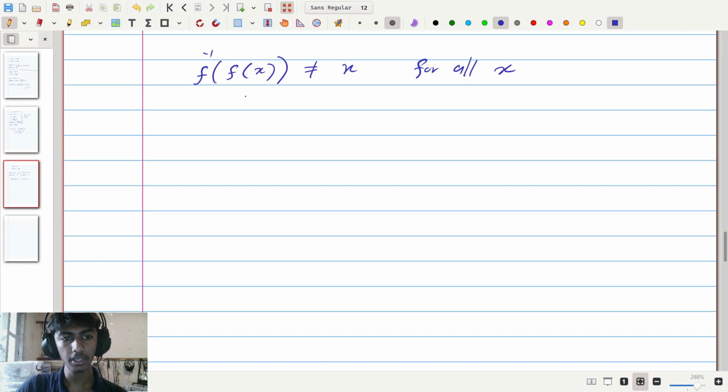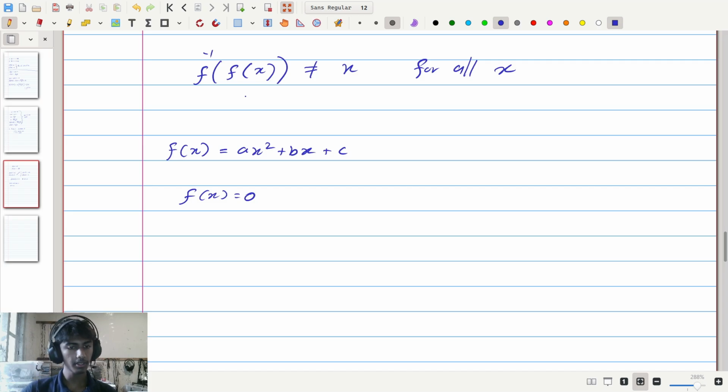The quadratic formula: if we take f(x) equals ax squared plus bx plus c, and we want to find when f(x) equals 0, or when f(x) equals some other constant k.